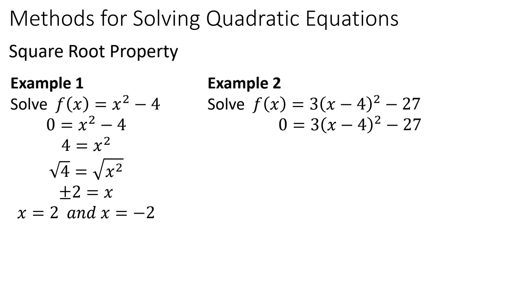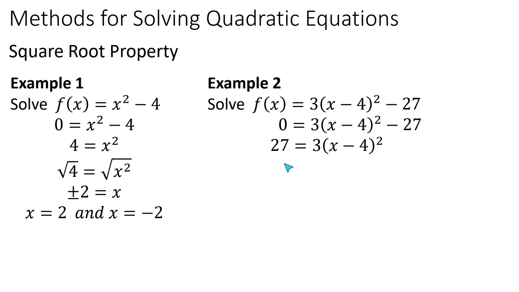Now I'm going to add 27 on both sides. So we get 27 is equal to 3 times x minus 4 squared, and I'm going to divide by 3. 27 divided by 3 is 9. 3 divided by 3 is 1.